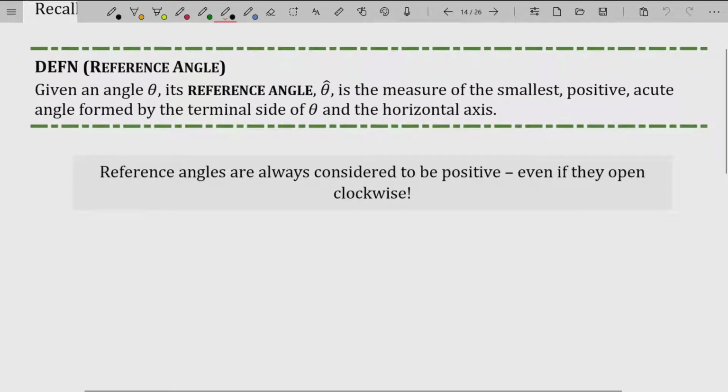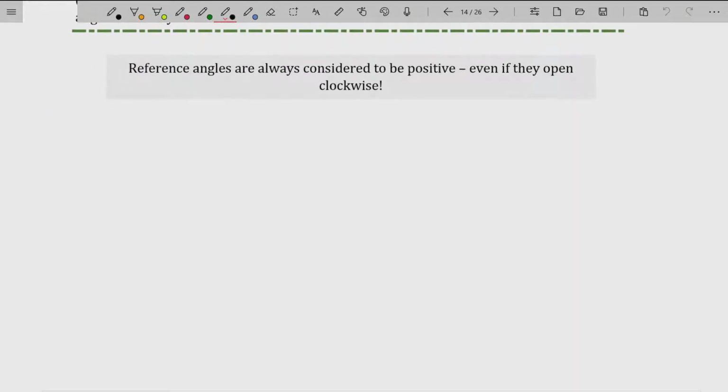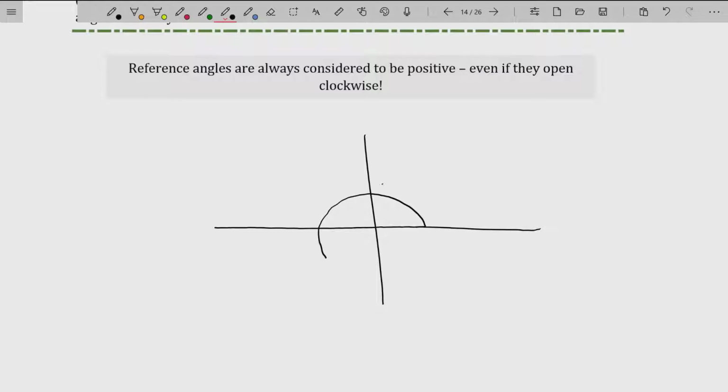Recall that a reference angle is a measure of the smallest positive acute angle formed by the terminal side of theta and the horizontal axis. And just to remind you again, it would look something like this. So if somebody said I had an angle that was 210 degrees, let's just pretend this is 210 degrees.